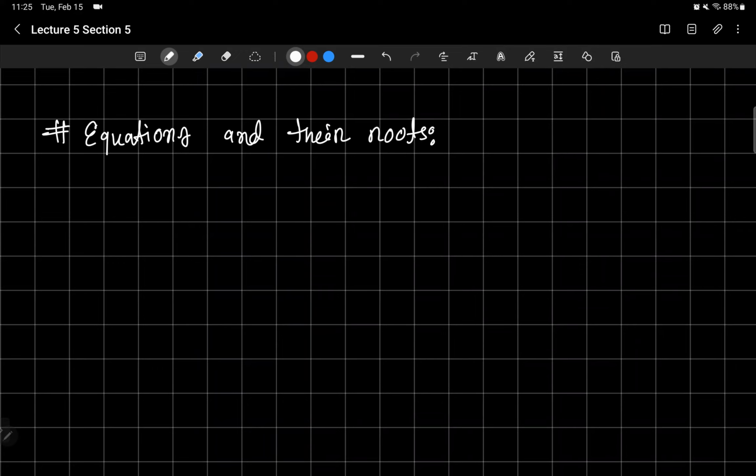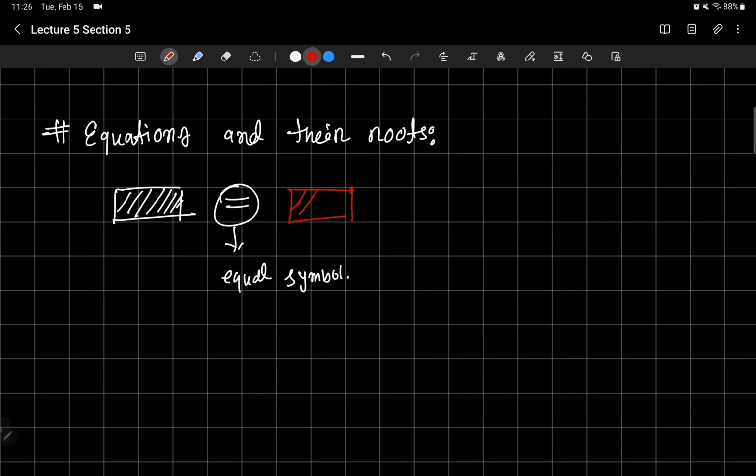So what is an equation? Well, an equation is something that looks like this. There will be something on the left hand side. You will put this equal symbol. And on the right hand side, there will be something else.